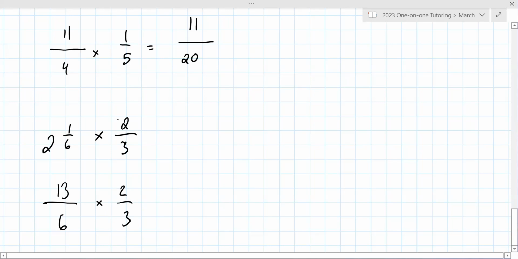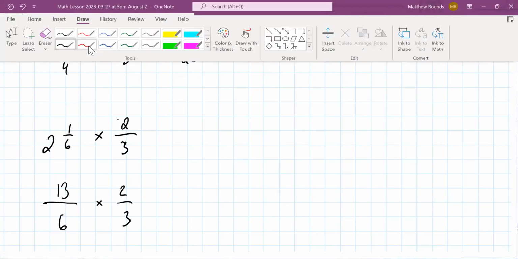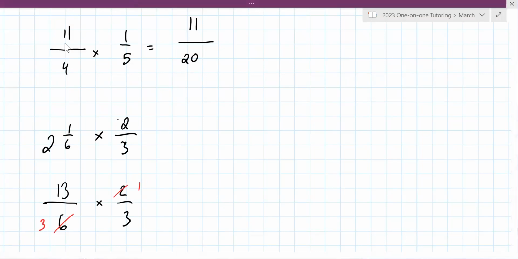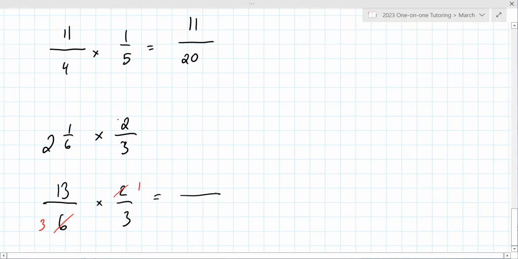Yes, the 6 and the 2. Yep, they're both divisible by 2. Which is 1 and 3. And that's it. So 9 for the bottom number and 13 for the top number. And so it'd be 1 and 4/9. Very good.